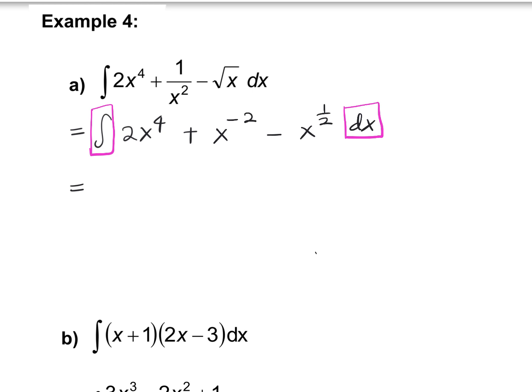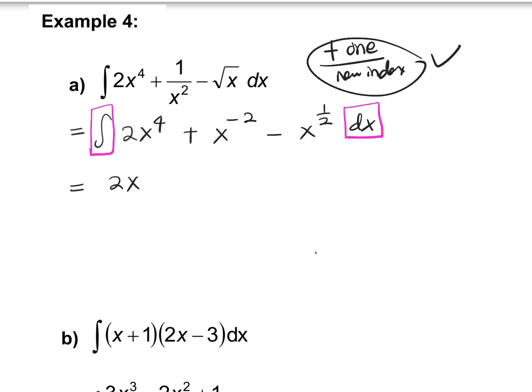So noted that integration will plus 1 and then divide with the new index. Okay, this is the idea that you need to remember. So that 2x to the power of 4 becomes 5, divide with 5 now. And this one x to the power of negative 2, negative 2 plus 1, then you will get negative 1.